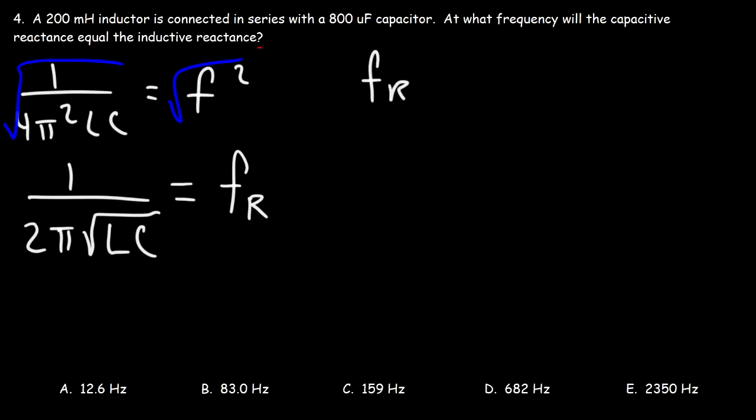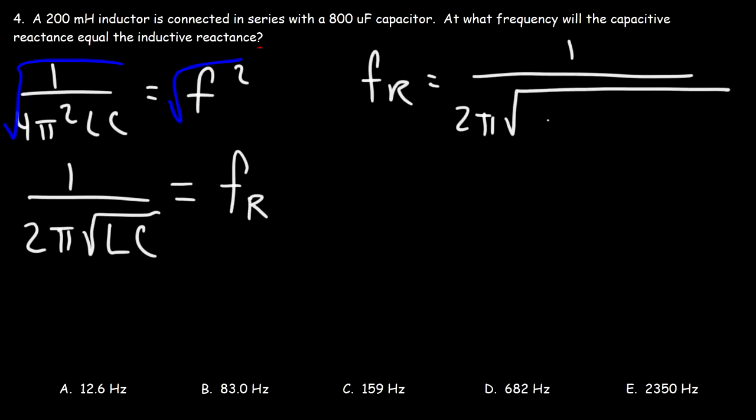So let's plug in the information that we have. So L is 200 millihenries. So that's 200 times 10 to the minus 3. C is 800 microfarads. So that's 800 times 10 to the minus 6.